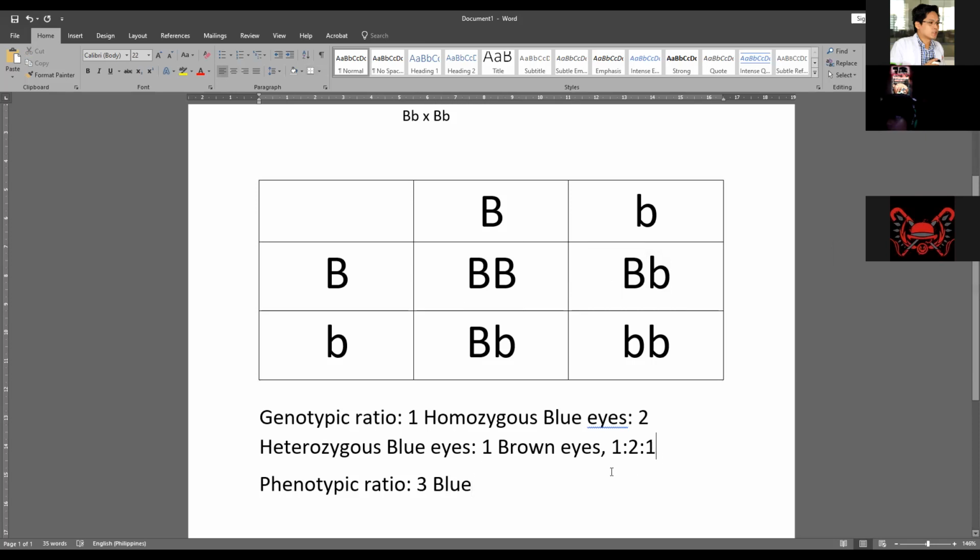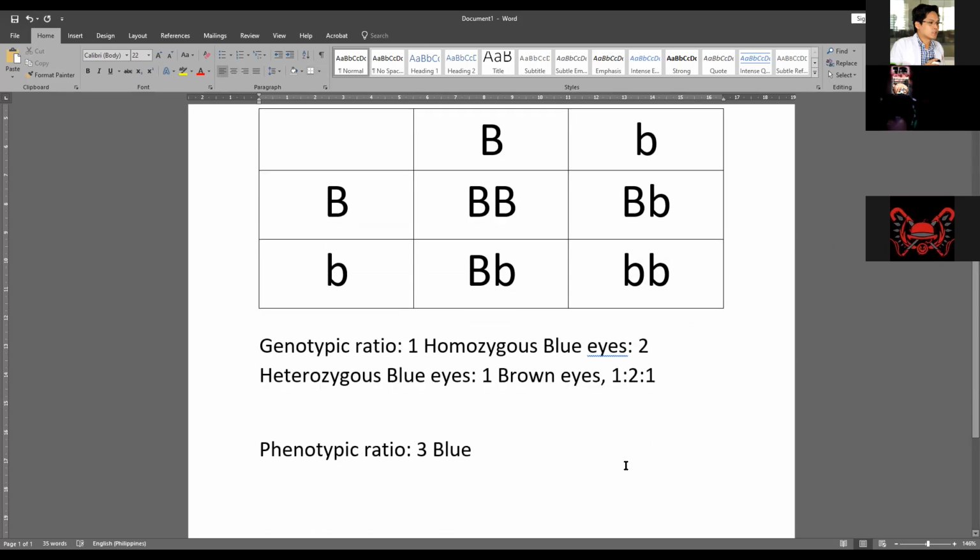We are actually considering now the characteristic, the one that we can observe. We can observe that these are blue. We have 3 blue eyes is to 1 brown eyes. Okay? So 3 is to 1. This is now 3 is to 1. How about in percentage? This is 75 is to 25.